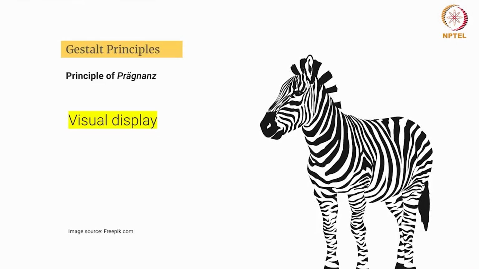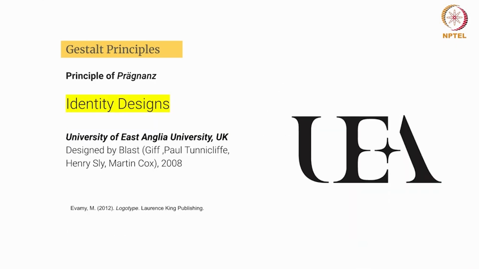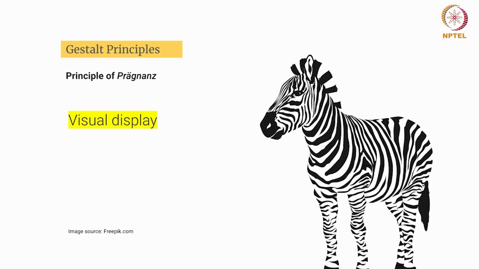Yes, so now if you see this image of a zebra, it is interesting to see how the overall composition of this zebra has been done just by using black lines. Those black lines are composed in such a way that they create the anatomy of the zebra.